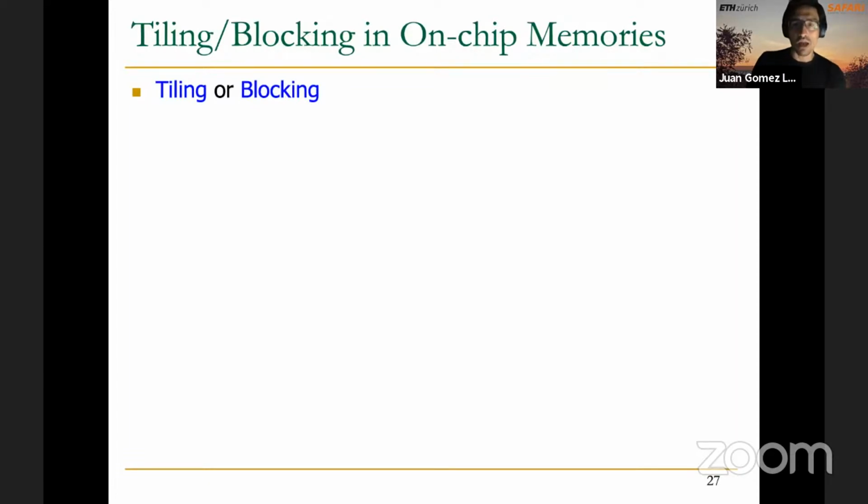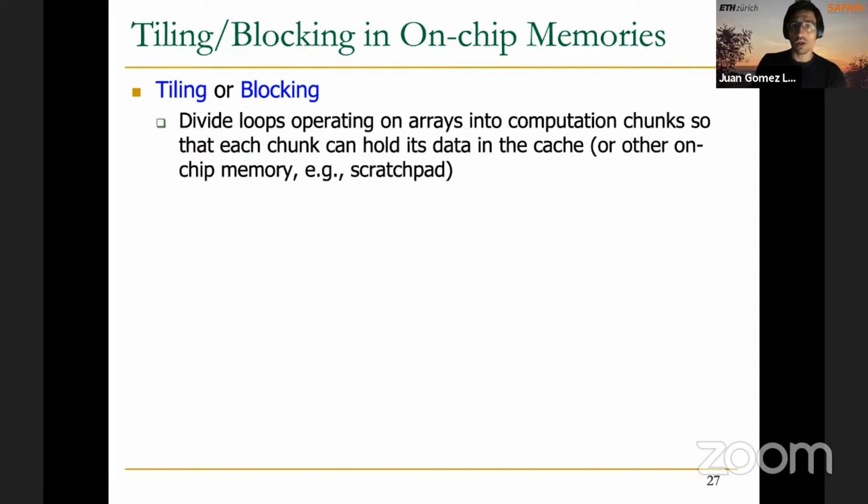But let me remind you that this is a very common optimization when using on-chip memory. Blocking, also called tiling, consists of dividing the computation on arrays into multiple chunks and loading each chunk into some on-chip memory, for example, a cache, to have faster access.